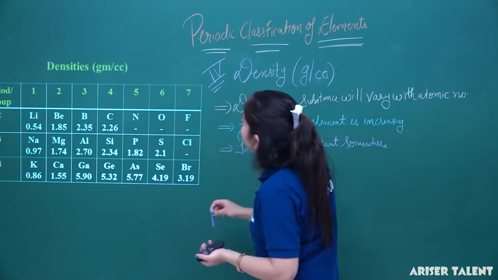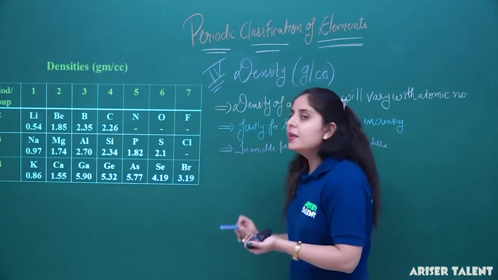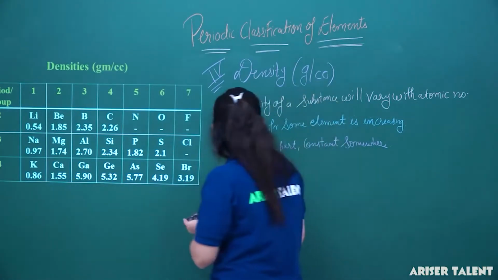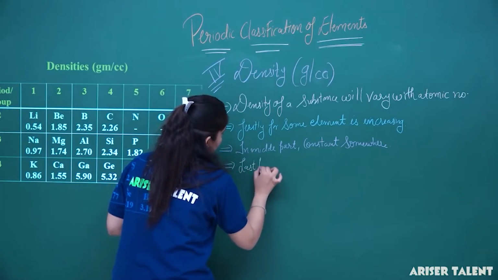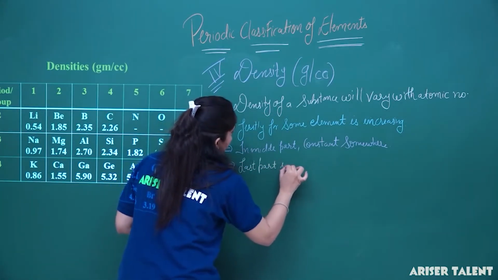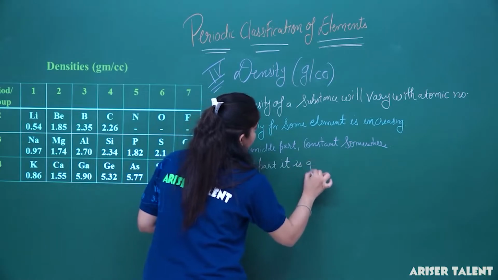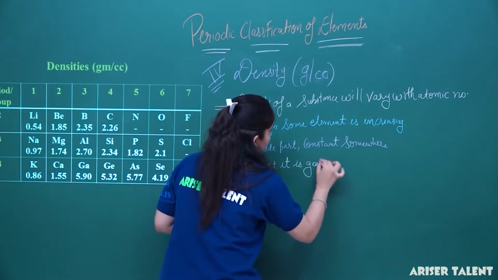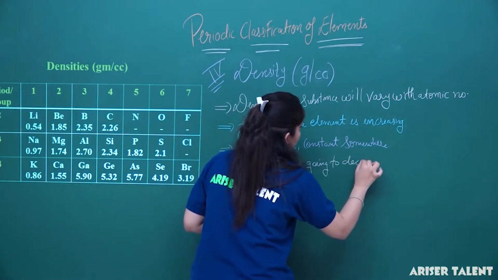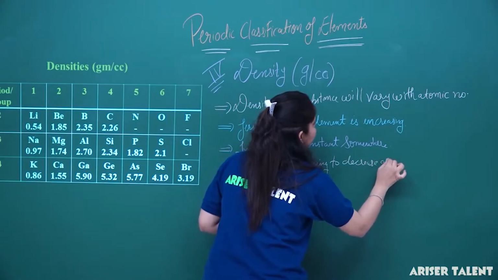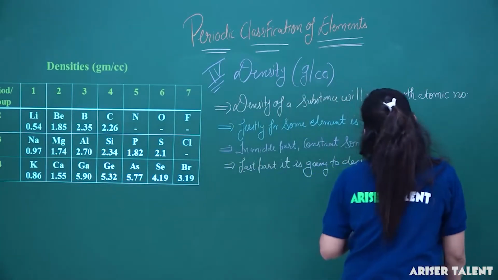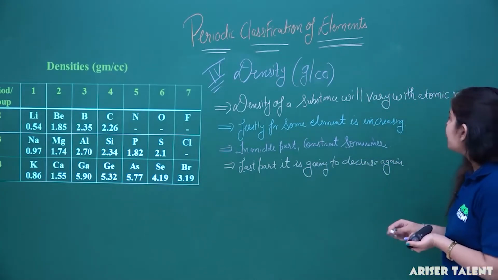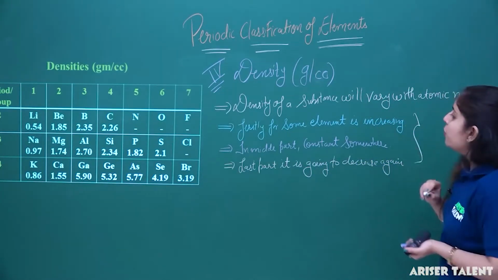Then you can observe that in the last part of the periodic table, it is again going to decrease. So this is the trend in the case of the density of a substance that is observed in the periodic table.